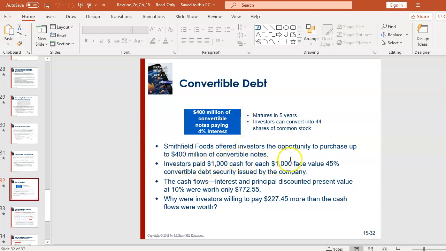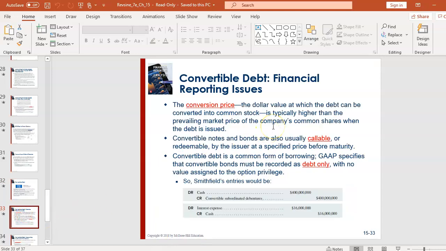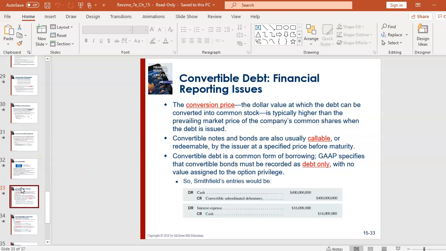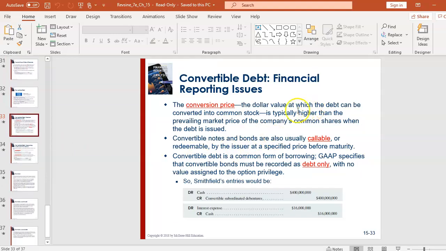Investors paid $1,000 cash for each $1,000 face value convertible debt security, and then the cash flows, principal discounted, were 772.55. Investors were willing to pay more than that though. So the present value was 772.55. So the discount was 227.45. Why were they willing to pay more? Well, because of the conversion. That's why, because they can be converted into stock, and that has value.